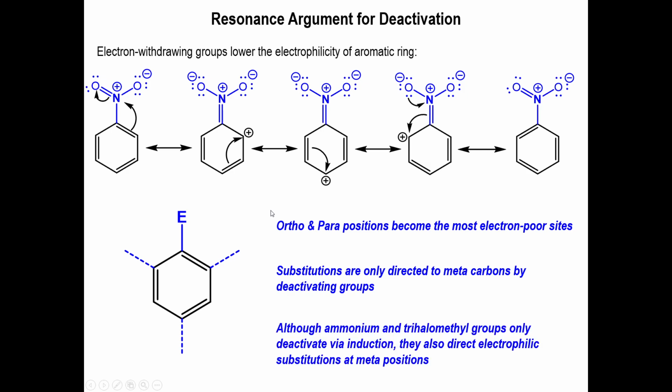And just like we talked about in the previous examples, even though the trihalomethane and the tetraalkyl ammonium derivatives don't have the option for resonance, they are still undergoing the same type of event via induction. So they work out the same way altogether.